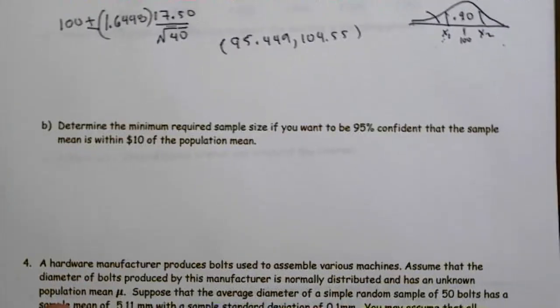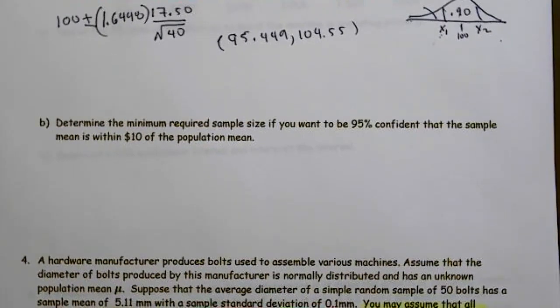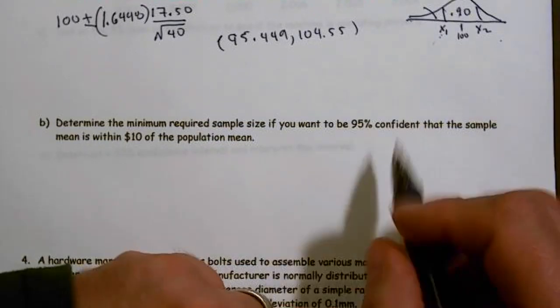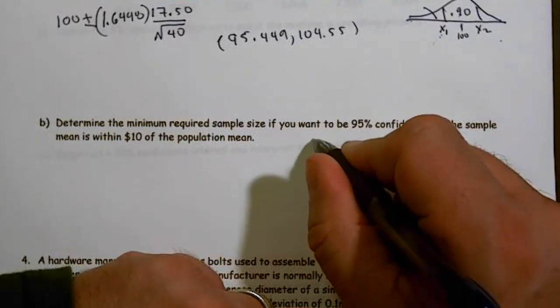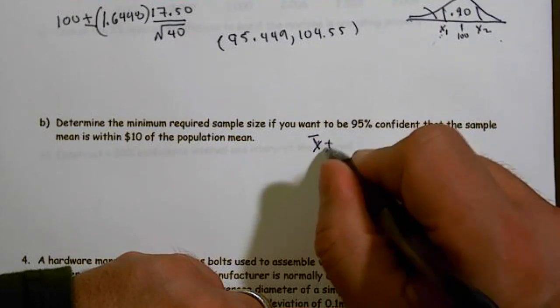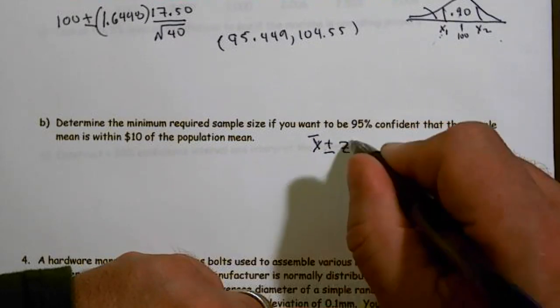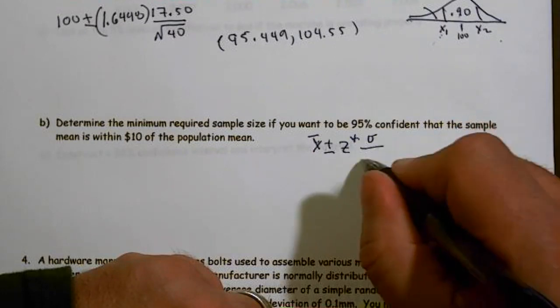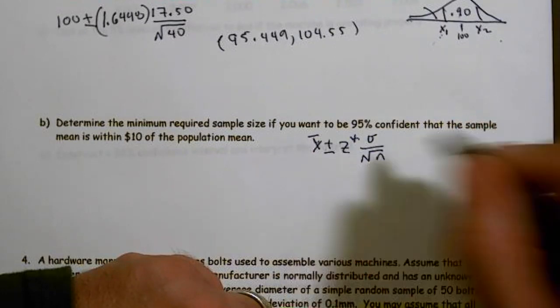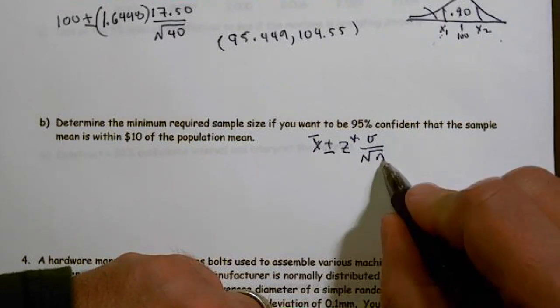The next thing is determine the minimum sample size if you want to be 95% confident that the sample mean lies within $10 of the population mean. So we're going to go back and look at our formula: X bar plus or minus Z star, the standard deviation divided by the square root of n. And we're looking for a changing of the n.